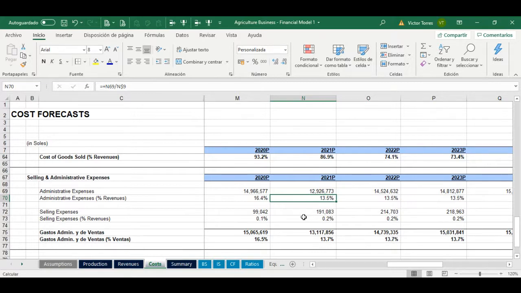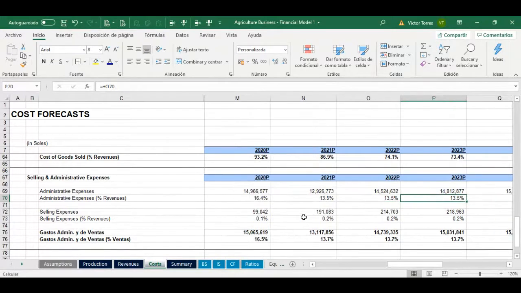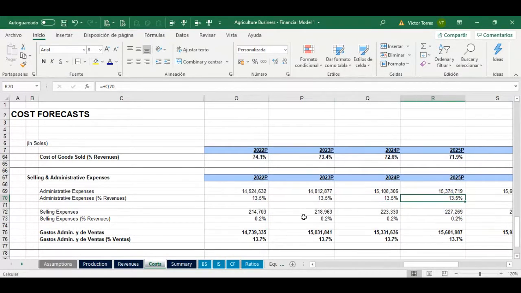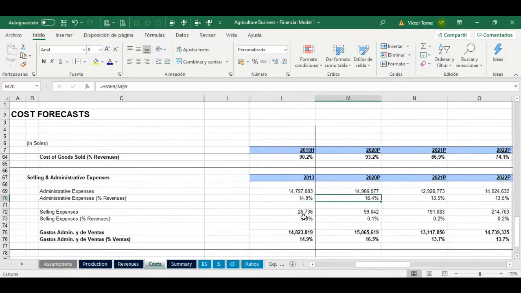So, for instance, in this particular case, the company was at 14.9, but they were planning to perform some layoffs as part of their turnaround in 2020, and then get back on the correct track and arrive at a target number of 13.5. That was the idea that was supposed to be kept as part of the whole business plan that the company had put in place.